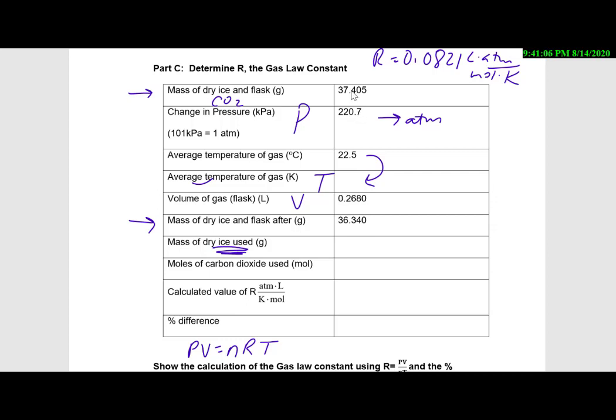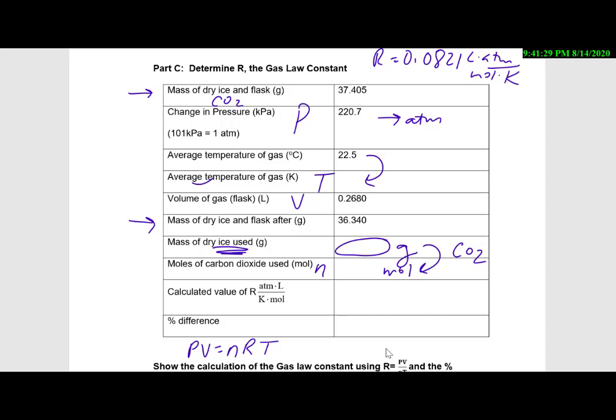So you'll subtract the 37 value minus the 36. This will give you grams, and you'll have to convert it to moles using the molar mass of CO2. And then you now know P, T, V, and n.